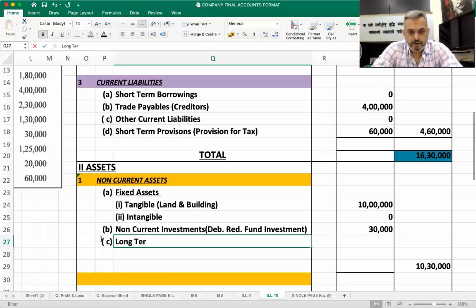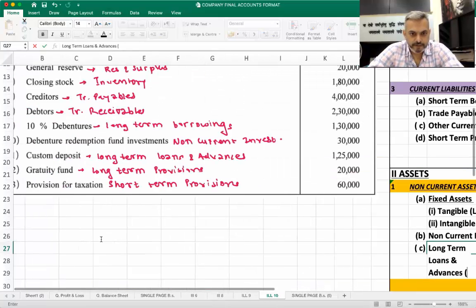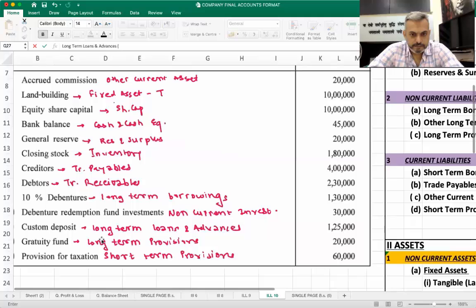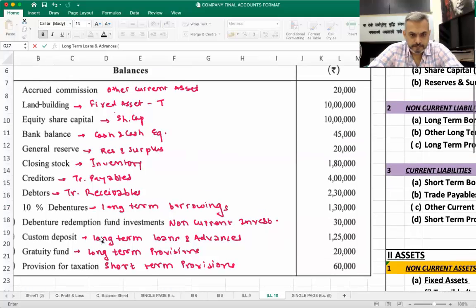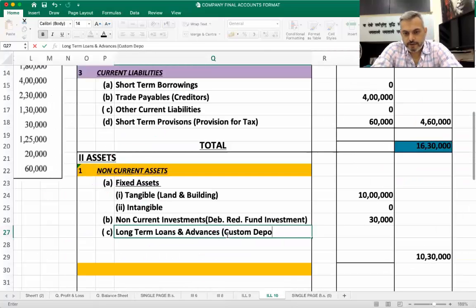Long-term loans and advances. Now, what do we have in long-term loans and advances? Custom deposit, 1,25,000. Custom deposit.